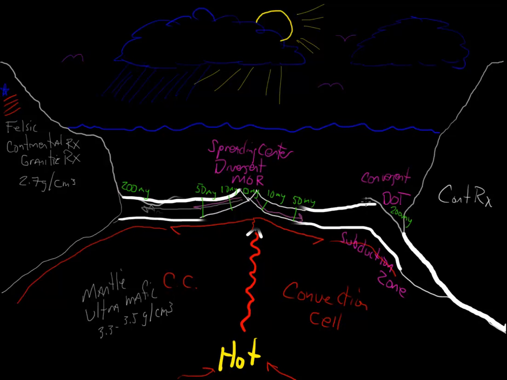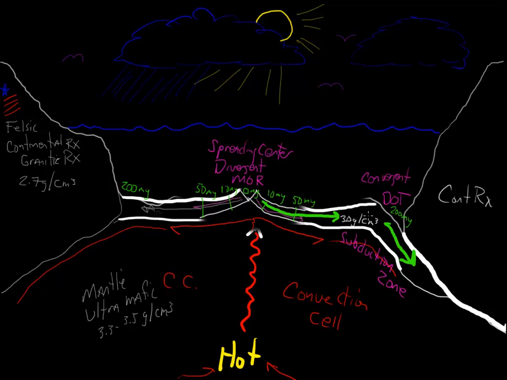This is the Oceanic Rock, again at 3.0 grams per cubic centimeter. And when these two plates run into each other, when this plate moves this way, this is the plate, because it's more dense, that gets forced down, subducted.